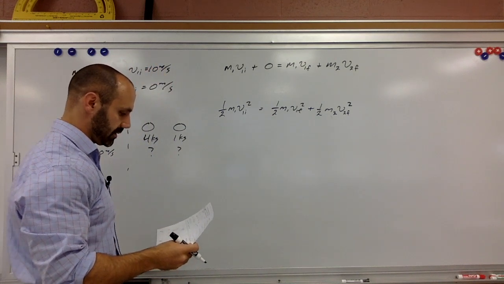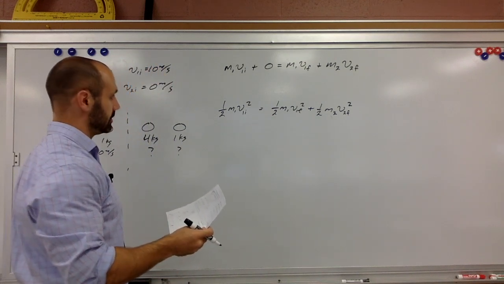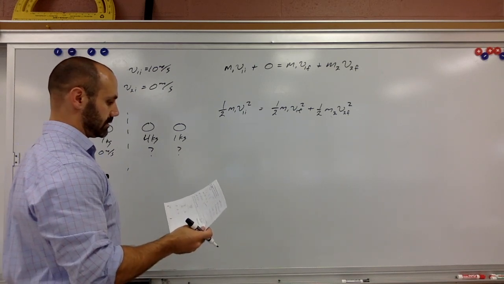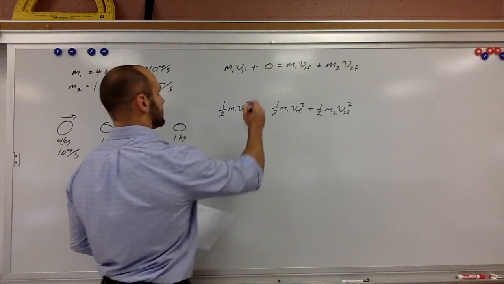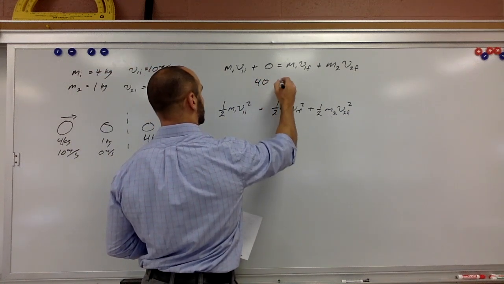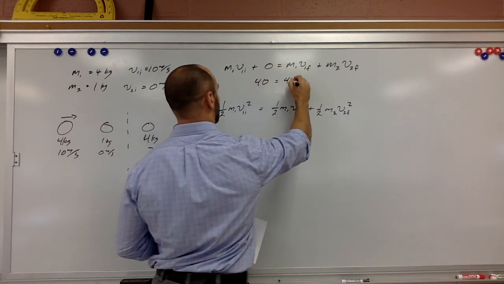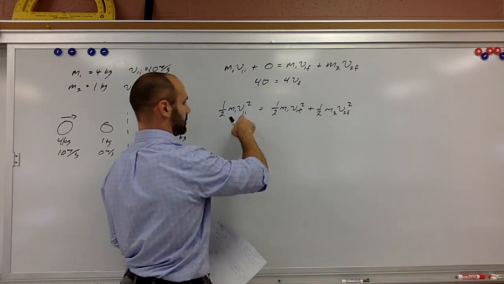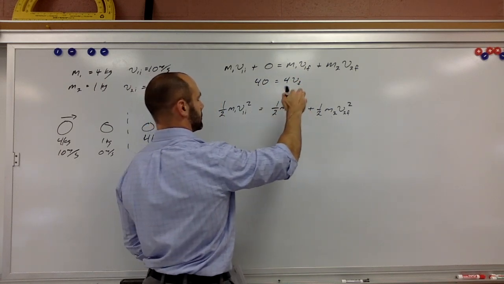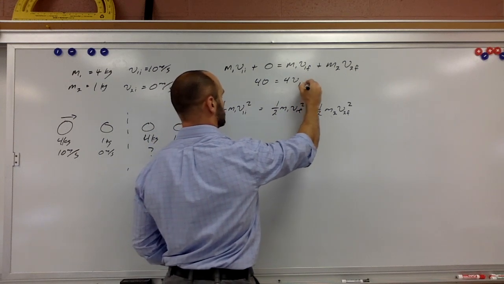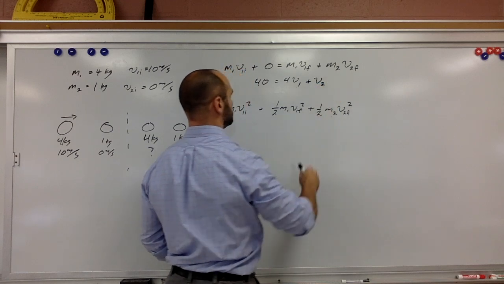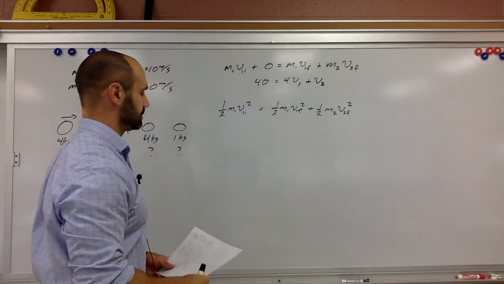Okay, so let's plug in some of the numbers because we're dealing with simple numbers like 1 and 4 and 10, so we can put in some of these things. This turns out to be 40. This is going to be 4. I'm just going to call this V1 now, plus this is just now V2. That's 1 there.